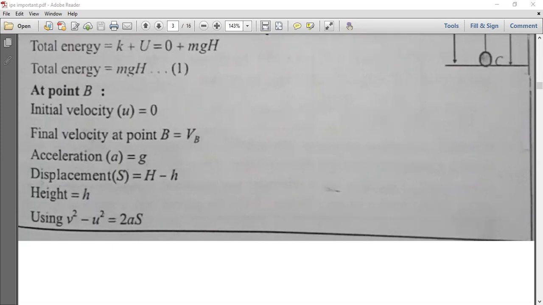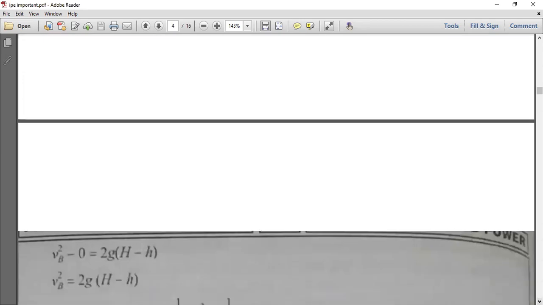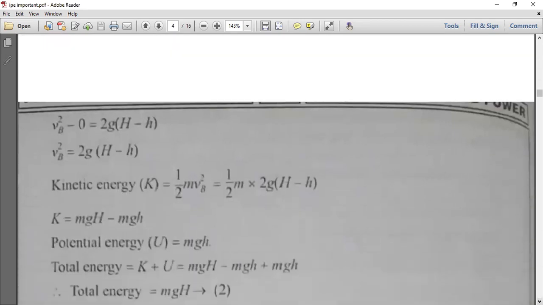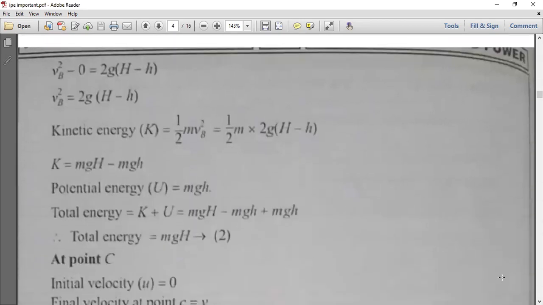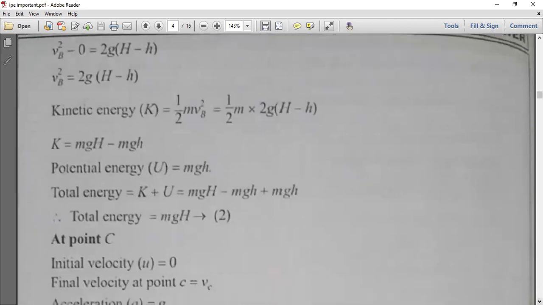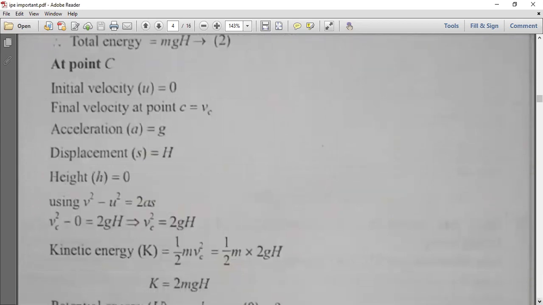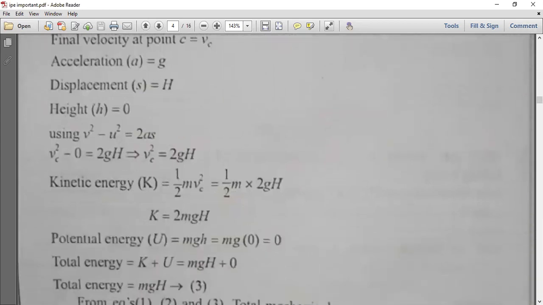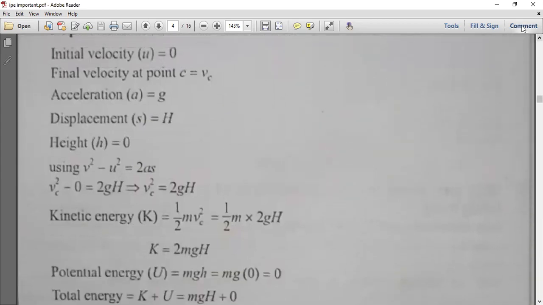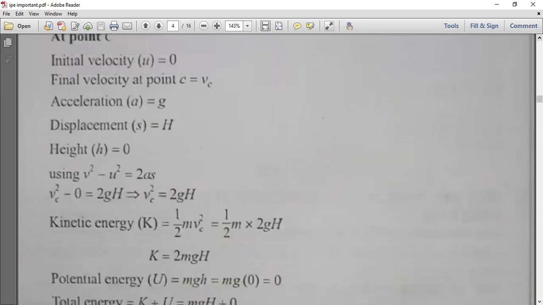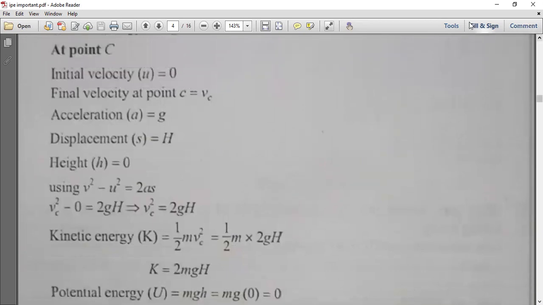Now at point C, what happens? I have already explained this, you can just go through it. Now at point C, it means when the ball is reaching the ground.